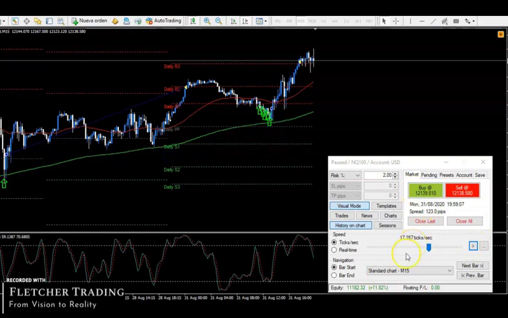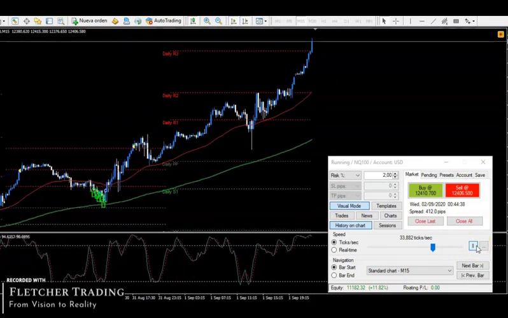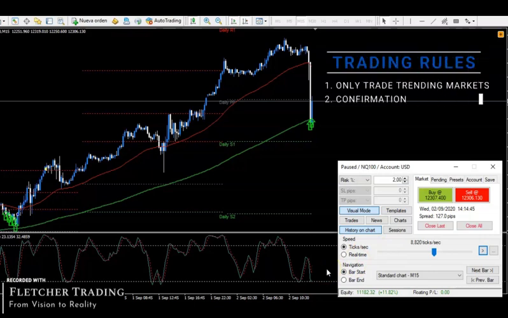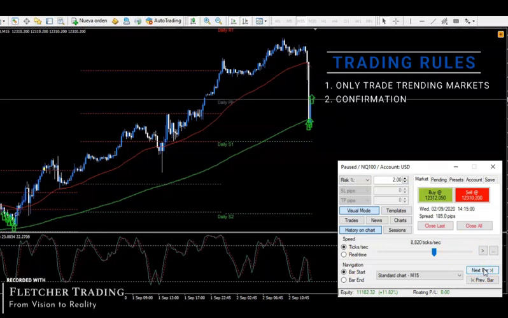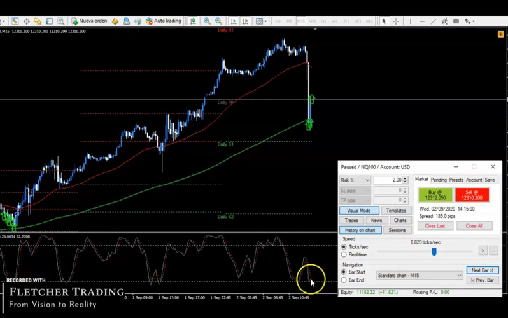So the account is up almost 12% now, so we're just going to keep moving and see what we can get. I'm just going to flick through this a little bit slower so we can wait for confirmation before we enter the position. So I'm just going to go to the next bar, and we could potentially enter this position now as the stochastic oscillator is above 20.